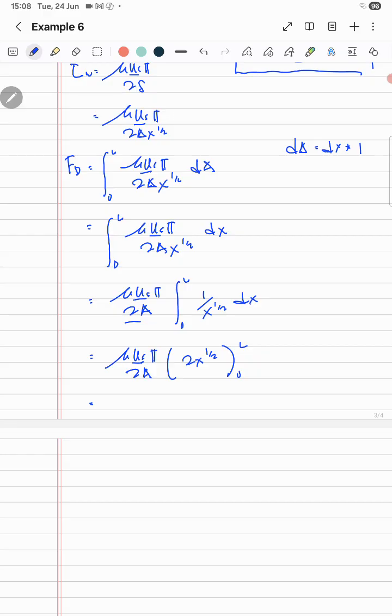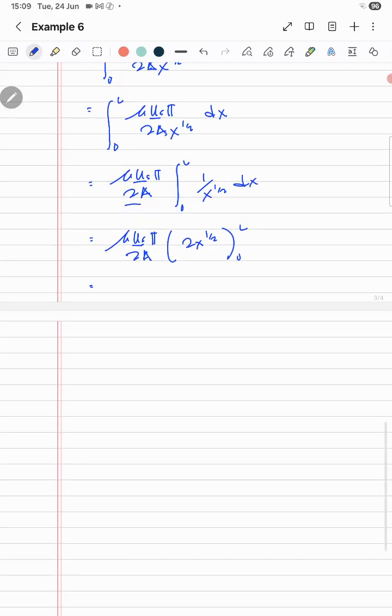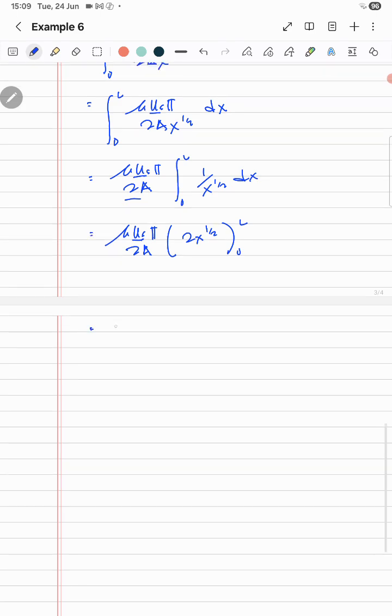Then we substitute the limit, so we have mu us pi over 2a times 2 L to the power of 1 over 2. Because of the 2, we have mu us pi L to the power of 1 over 2 over a.